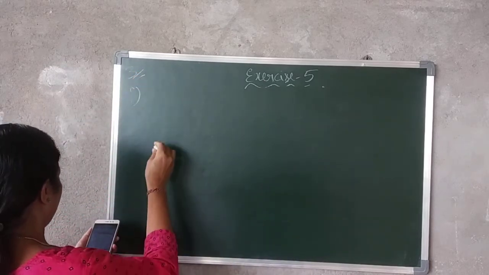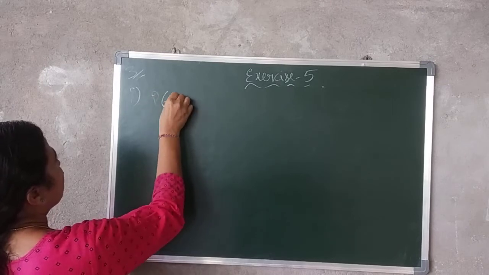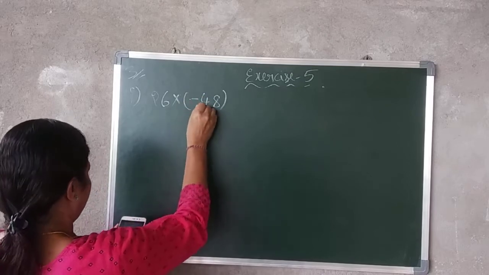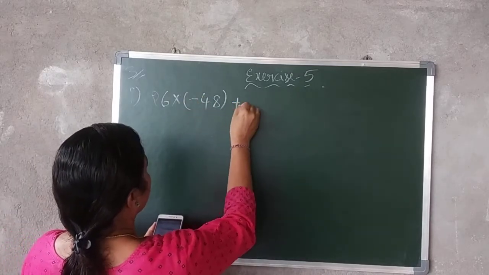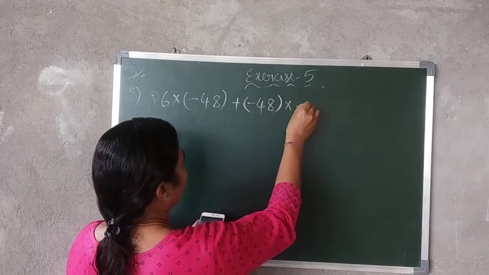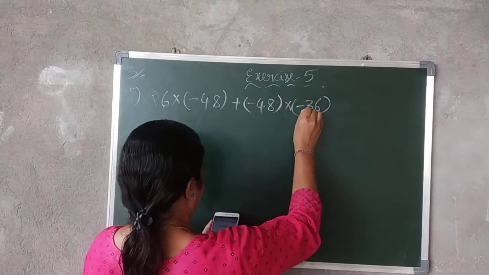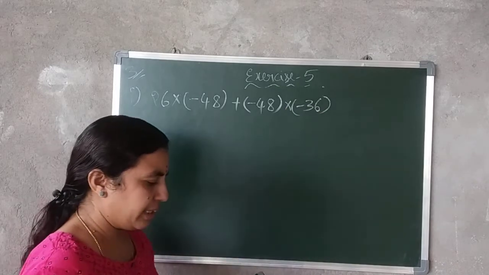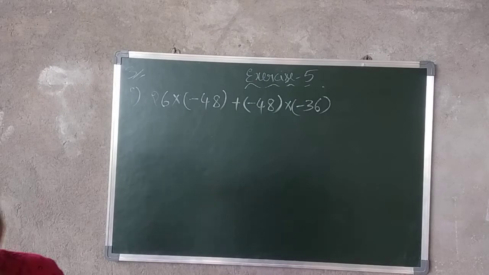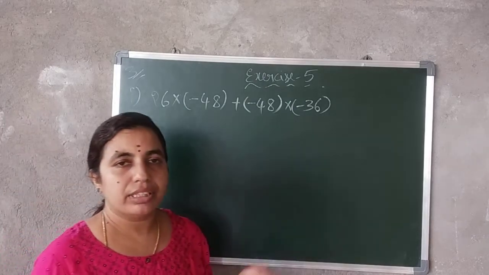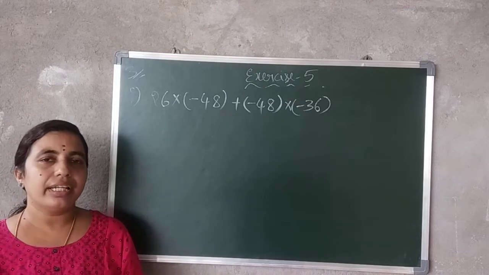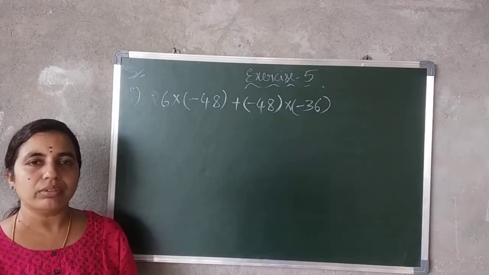Third bit, first one: 26 into minus 48 plus minus 48 into minus 36. Okay, this you have to do. I will explain any 4 problems, and the remaining 4 you have to do as homework.